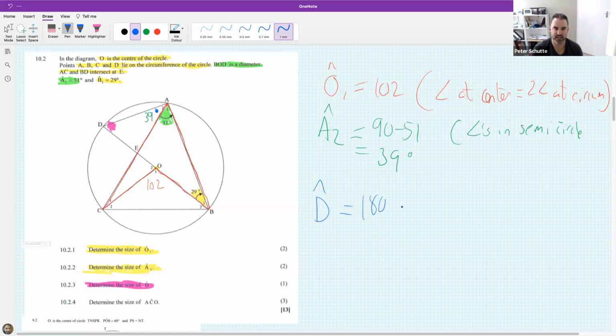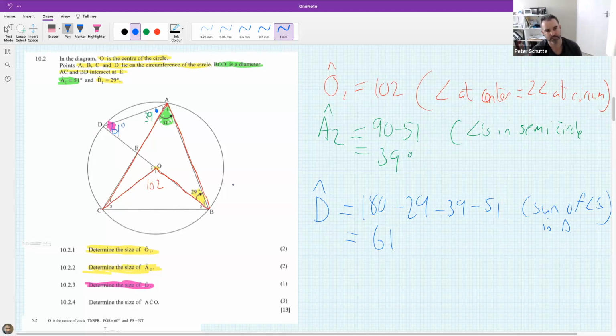So I go 180 minus 29 minus 39 minus 51, and that will be sum of angles in a triangle. According to what I can see, many students are getting this. They are getting 61. So we're going to get 61.